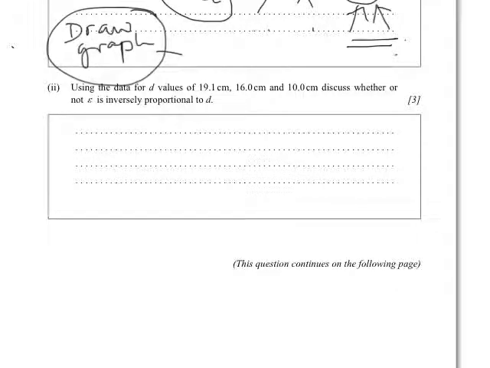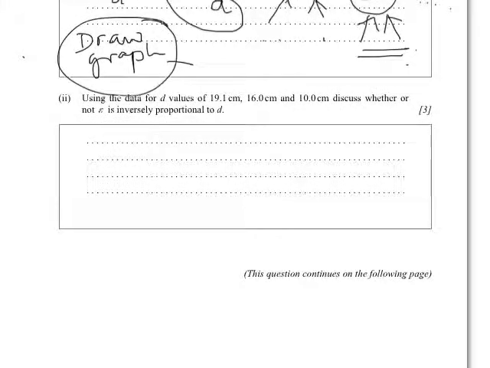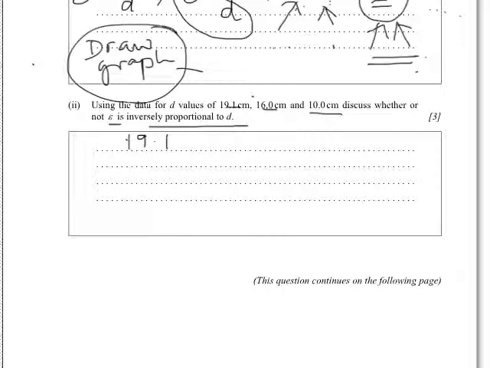Part B, using the data D for values 19.1, 16 and 10, discuss whether or not E is inversely proportional to D. Well, this is actually a very straightforward question. It's asking you to carry out the calculation previously mentioned. So it's asking you, for the 19.1 value times 5.5, and 16 times its corresponding E value 8.6, and 10 times 37.5.